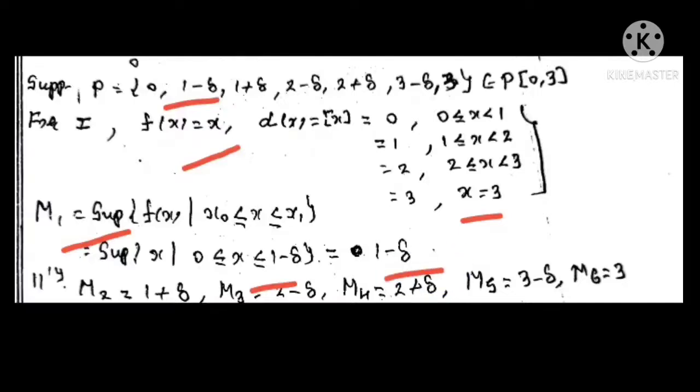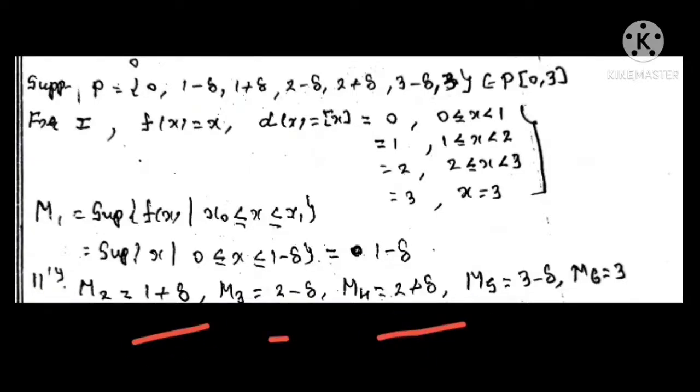In the same way we get m2 is equal to 1 plus delta, m3 is equal to 2 minus delta, m4 is equal to 2 plus delta, m5 is equal to 3 minus delta and m6 is equal to 3.